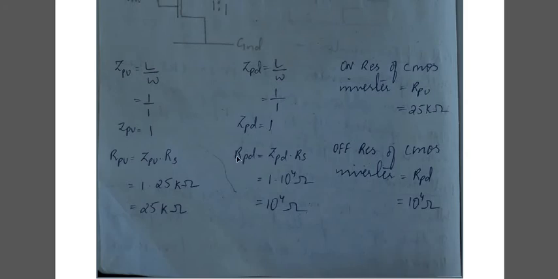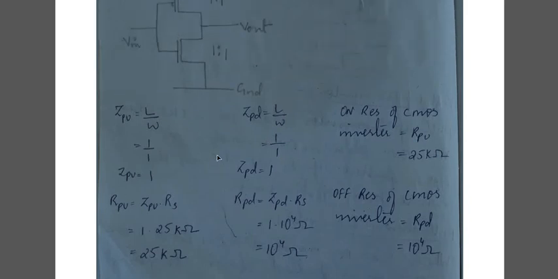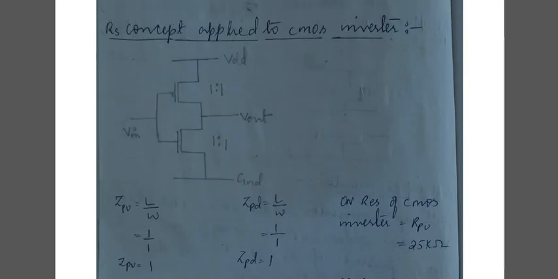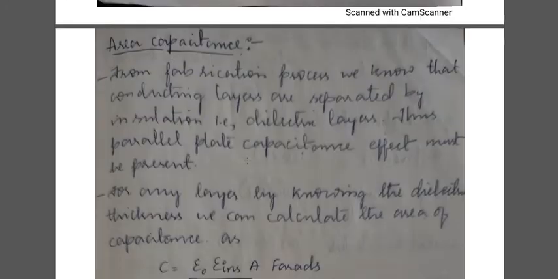So the channel resistance of your pull down transistor is ZPD into RS, and the sheet resistance is 10 to the power of 4 ohms. So the channel resistance for your pull down transistor is 10 to the power of 4 ohms. This is how you calculate the sheet resistance of your inverters. Fine, so that was about sheet resistance.